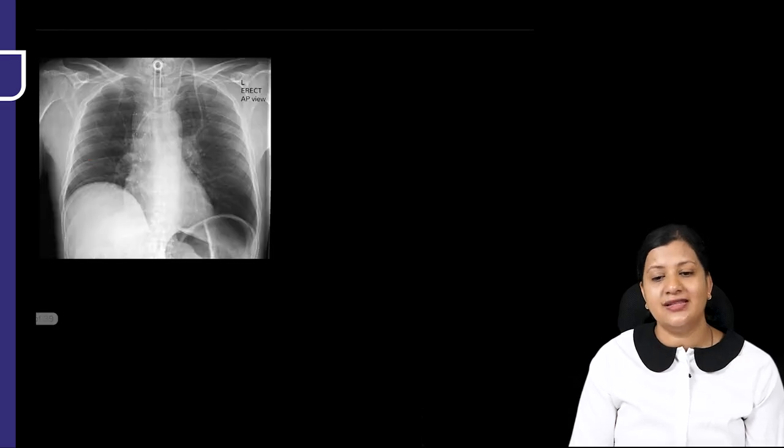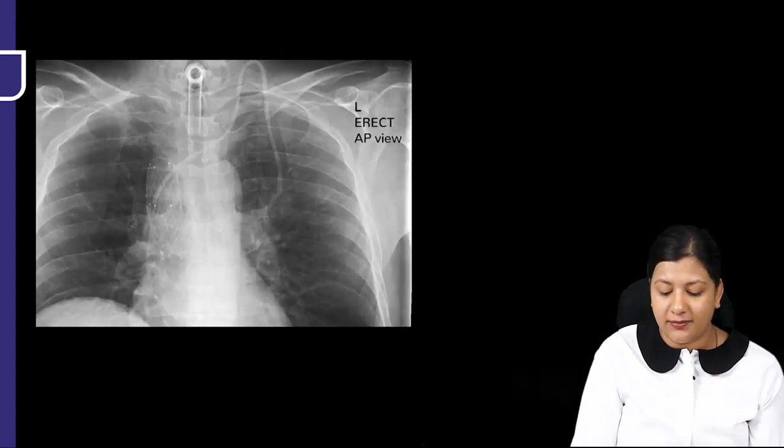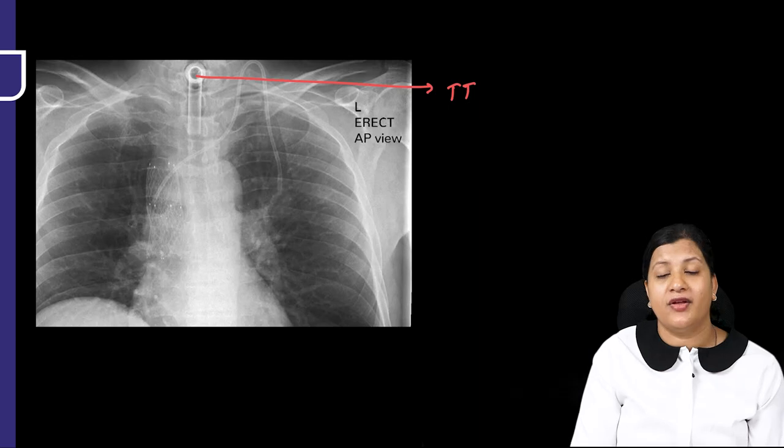Now if you see this, this is basically a chest x-ray, but what is it that you should look for? Here we are able to see that there is a tube. What is this tube? This is a tracheostomy tube. So typically when we are not sure whether the tracheostomy tube is there or not, is it in the false passage?